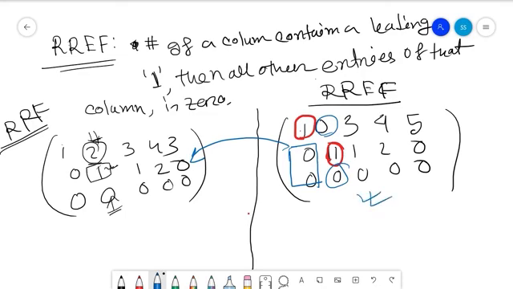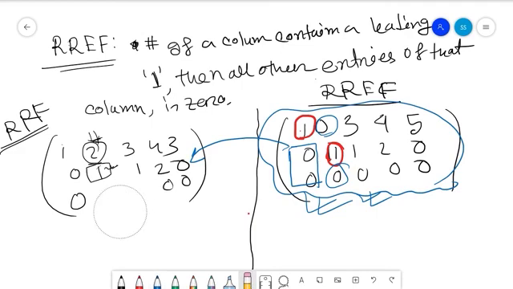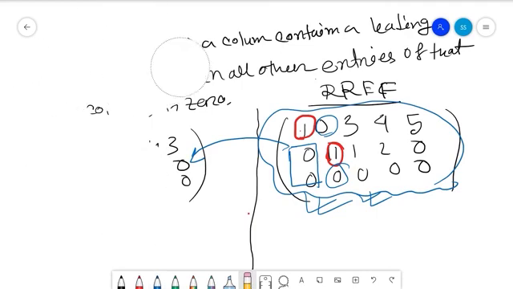And using this example, which I'm highlighting with the blue color, we will see how the idea of free variable arises. So let me just erase this up.